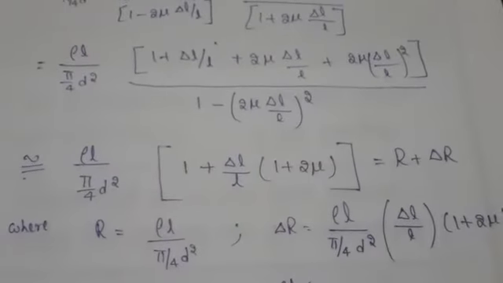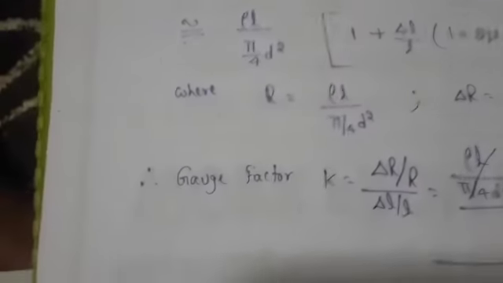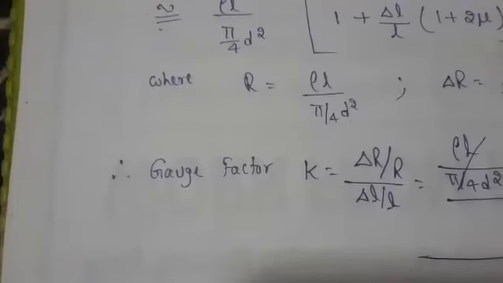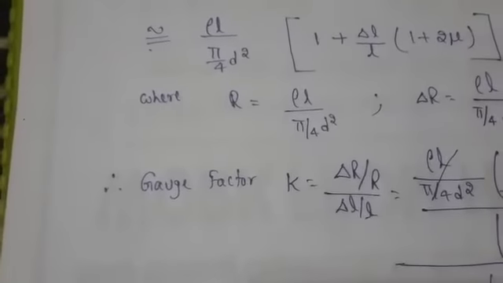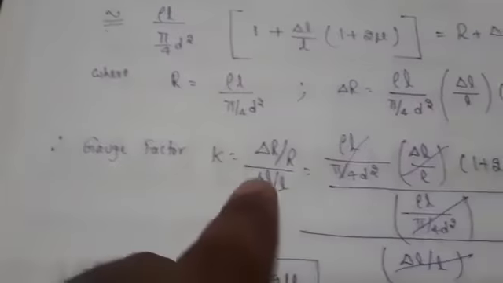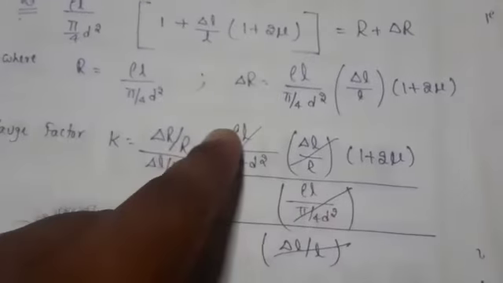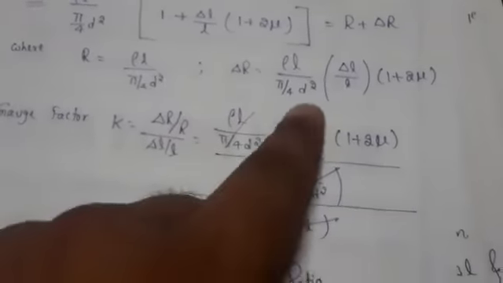So up to this it is clear. Now we know that the gauge factor K equals delta R by R divided by delta L by L. Substituting these equations for delta R by R in the gauge factor, we get the equation in this way. These terms cancel out, and delta L by L cancels out.